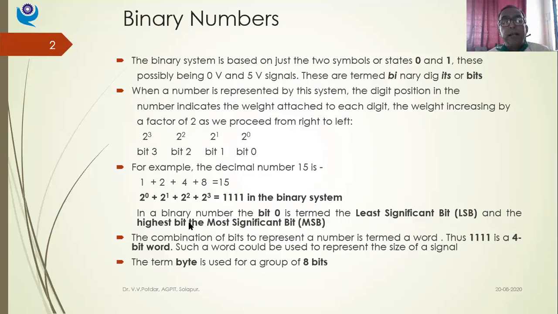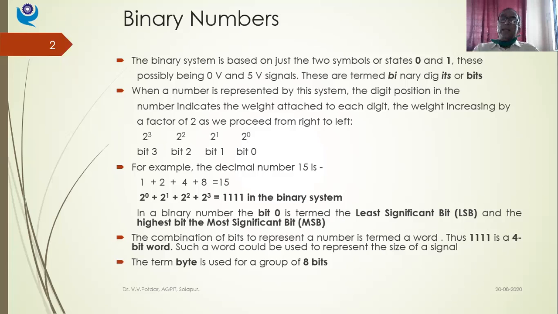So in a binary number, the bit 0, the rightmost bit, is termed as the least significant bit, that is LSB. This we already discussed while we studied encoders initially, if you remember.